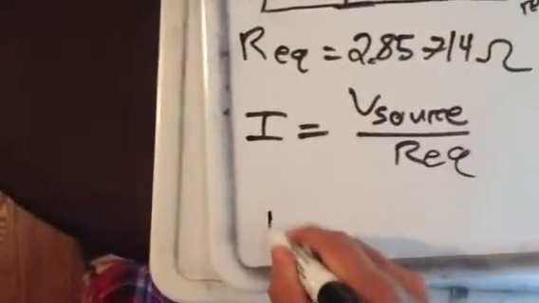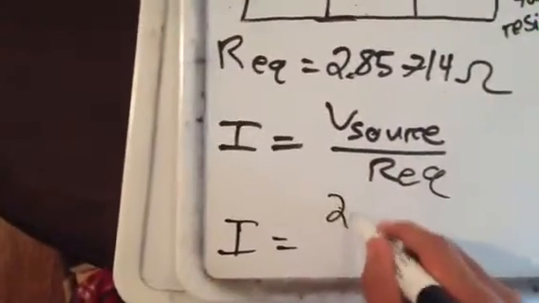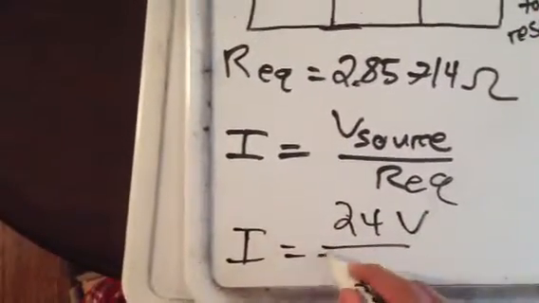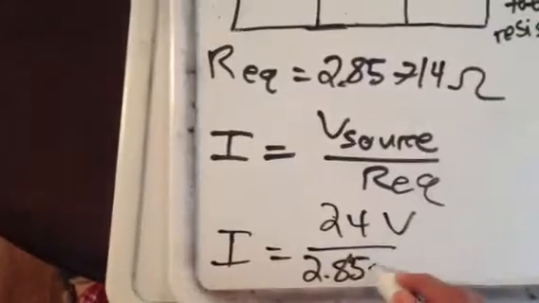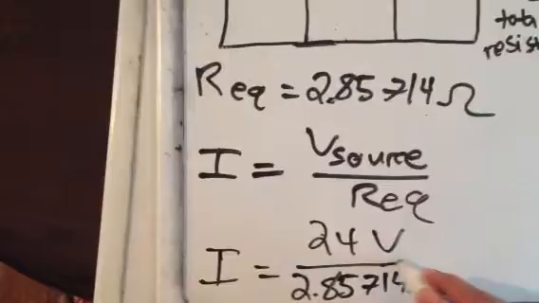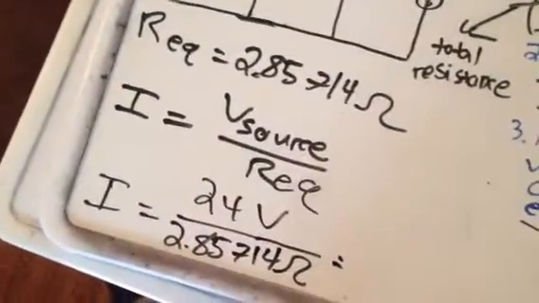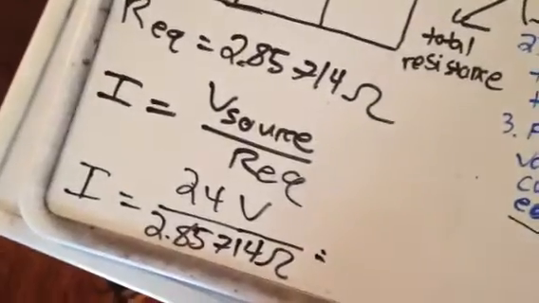So when we do that, we get I equaling, our V source is 24, and you can write the units here, volts, divided by 2.85714 ohms. See what we get here, and once again, once you get your answer, make sure you include the units. That's important.